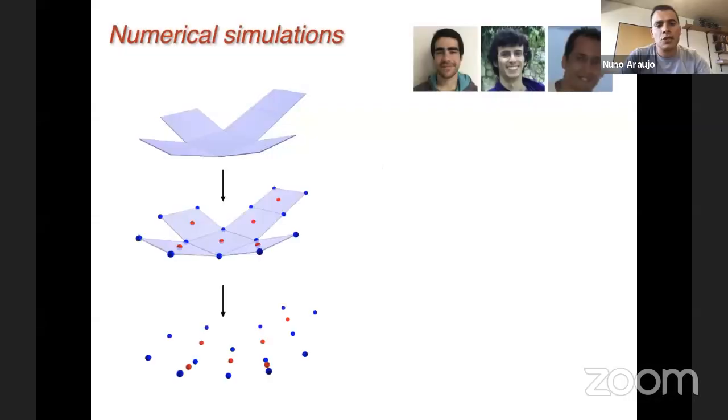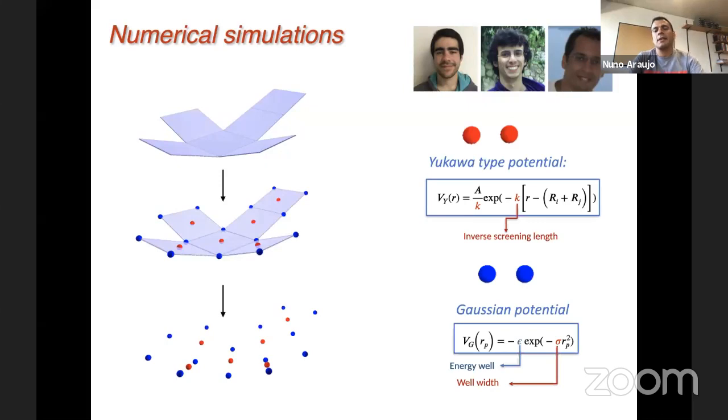Okay. So what are our assumptions? The assumption that we have is that the interaction between the different panels is short range. In numerical simulations, even if we want to do some excluded volume interaction, we need to smooth out interactions. So we did it in a way that we have a short range repulsion between the center of the faces, and a short range attraction between the edges.